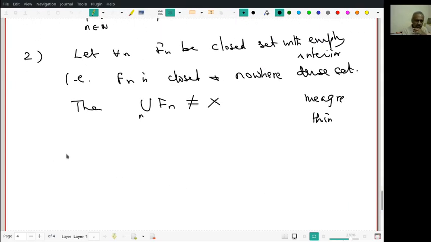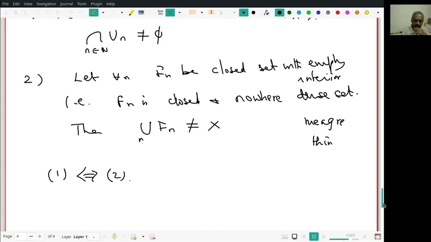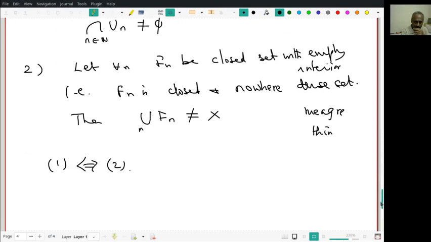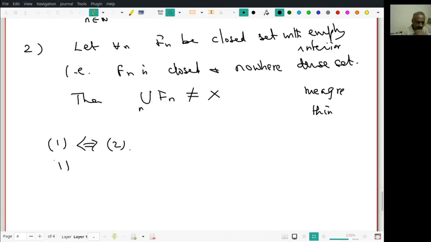The first observation is that 1 and 2 are equivalent. Why? Remember, you had already said if U_n is open dense, its complement, call it F_n, will be closed with empty interior. So 1 implies 2.